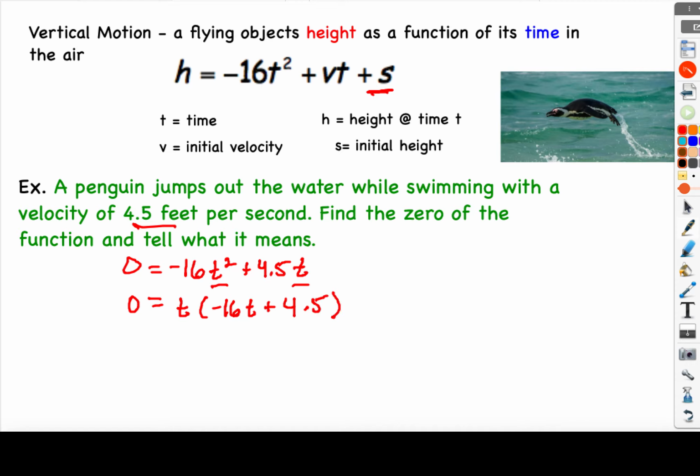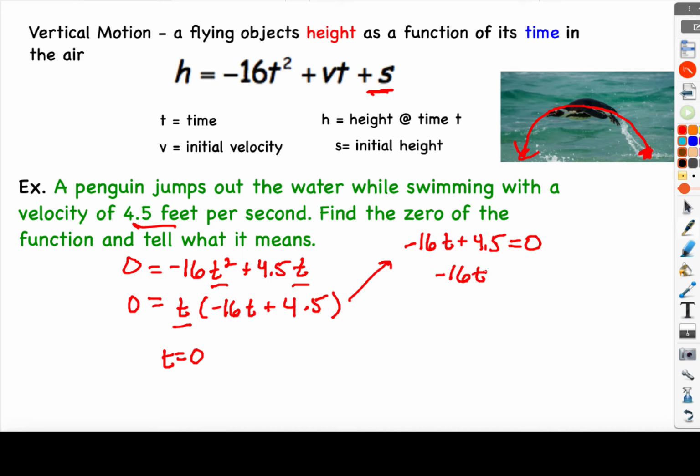And now, either t equaled 0, which we knew that at time 0, the penguin was leaving the water, right? What I really want to know is at what time is he re-entering the water? Well, that will come from our other side of our equation here. -16t plus 4.5 equal to 0.